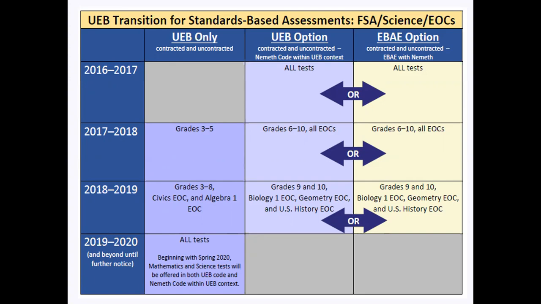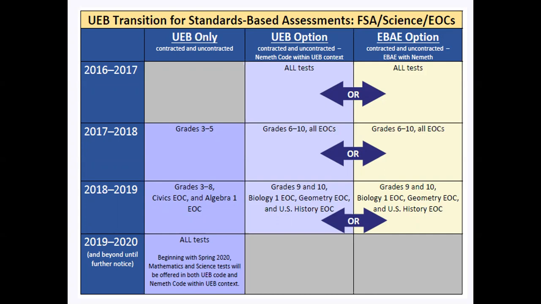So every test is going to be in UEB, but when it comes to math and science tests, starting with the spring 2020 tests, you have the option of doing UEB code, or what we're now calling UEB technical, using the technical side of UEB to do the math and science. Or you can have UEB with Nemeth.